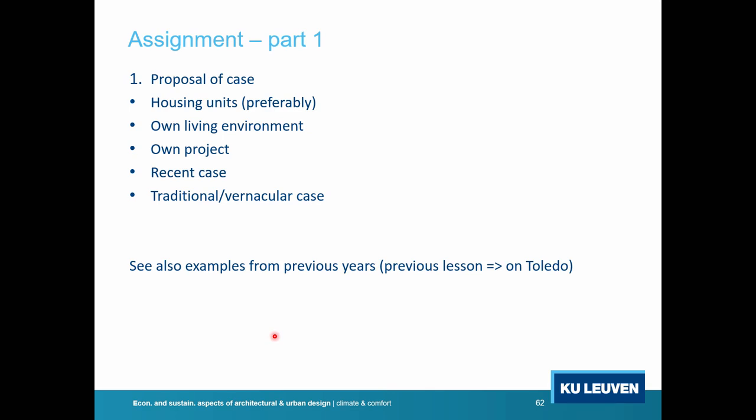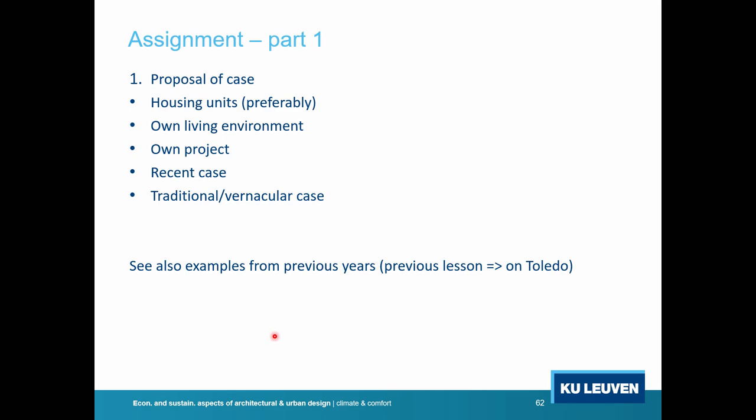It should not be your hometown, but at least the country that you understand, so that you can interpret the data you gather in a good way, and understand if it's correct or not. It can be your own project, or a recent case that has been built or is being built, or it can be a traditional vernacular case.